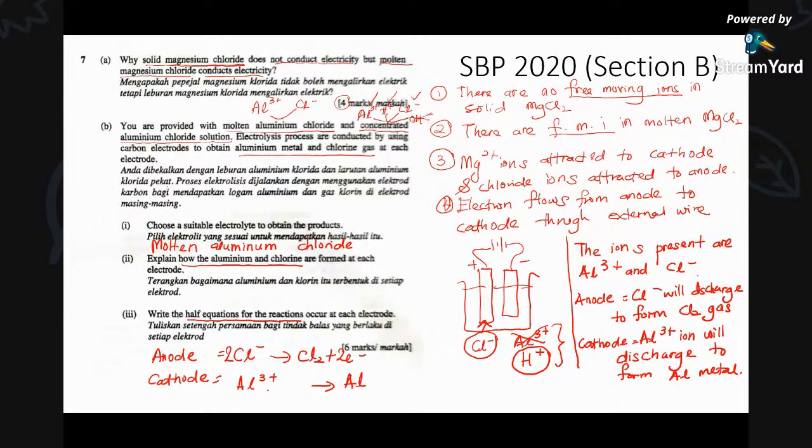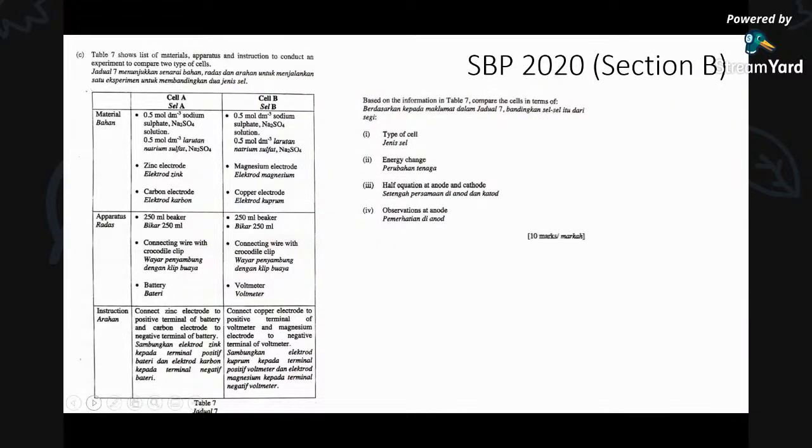You have +3 and 0, so add 3 electrons and make it 0. So for question 1, 2, and 3, you can get 6 marks. Each point over here you will get 1 mark. Okay, moving on to the next question.